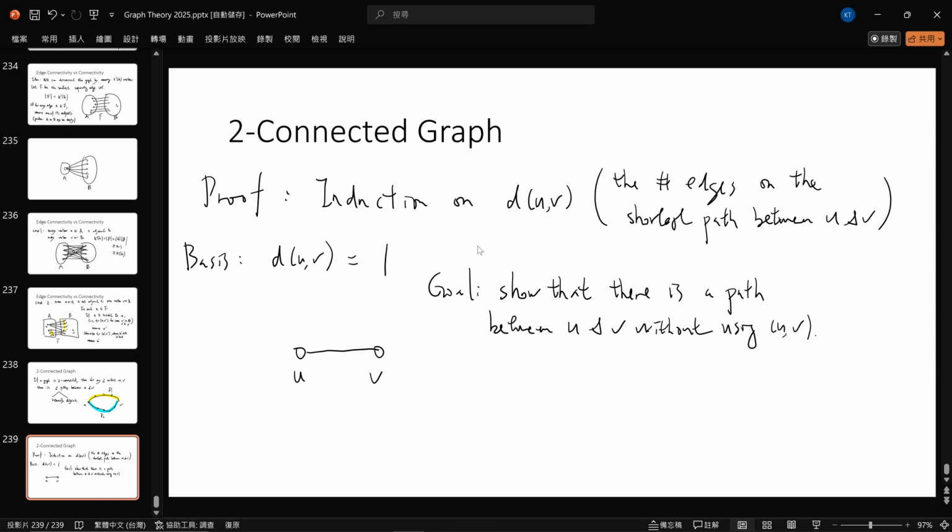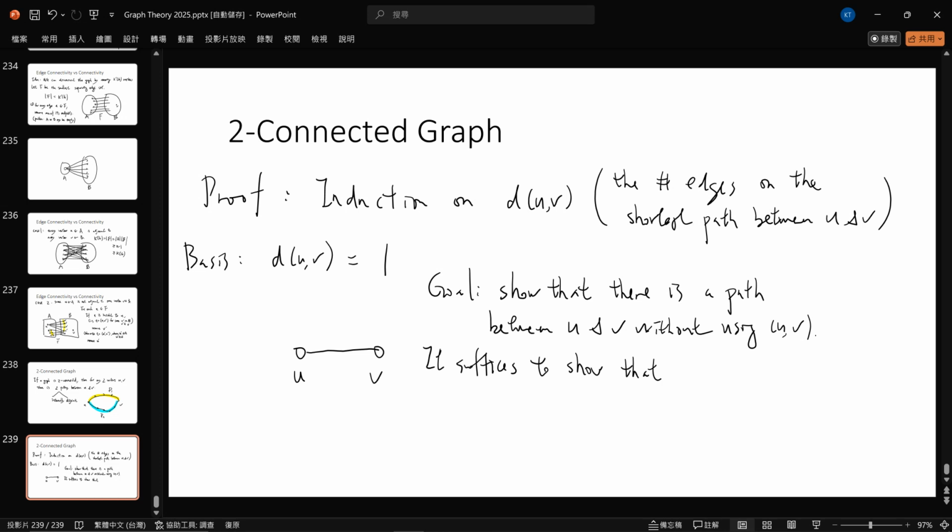Okay, so if you want to show that there's a path between U and V without this UV edge, you only need to show that after you remove UV, this edge, U and V has a path.